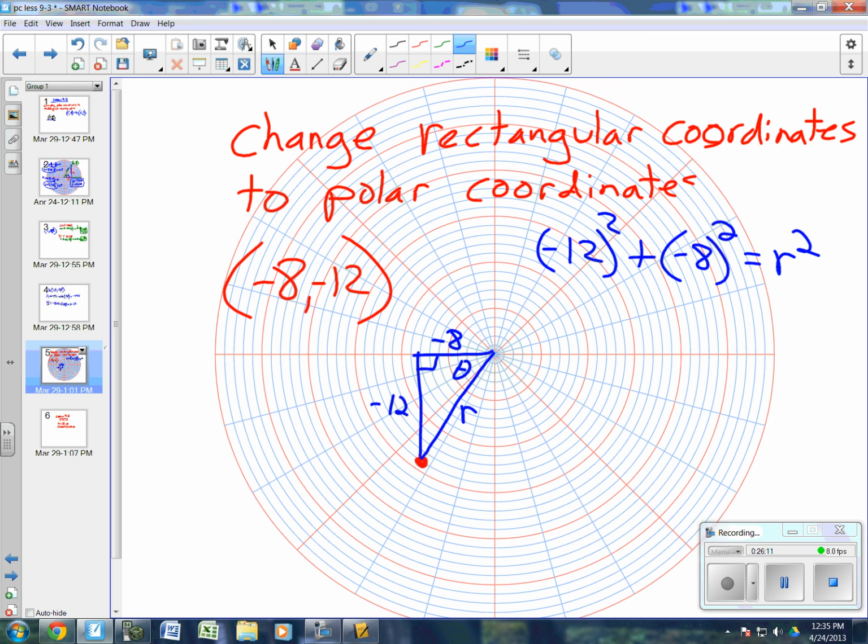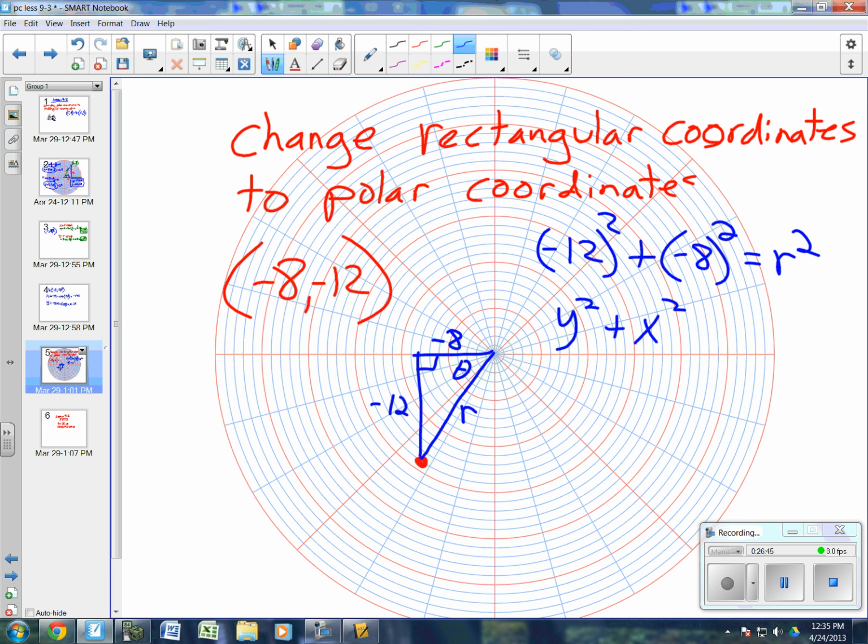So, does this suggest a formula we can use to find r? What's the formula? What did negative 12 represent? Jay, what did negative 12 represent? Okay, y in this case. And what does the negative 8 represent?